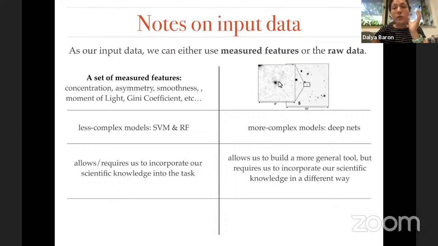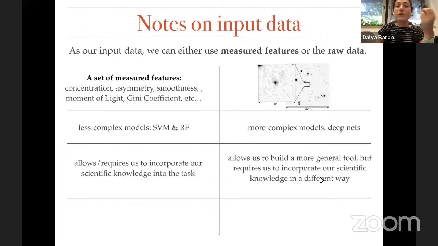So when we're talking about galaxy classification from images, we as astronomers know that the classification of an image should not depend on the rotation of the galaxy or on whether I flipped the image or not. A late type galaxy will be late type galaxy, regardless of the angle from which I observed it, from the line of sight.